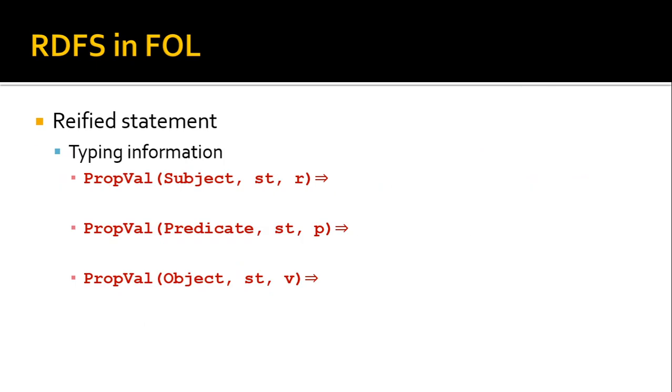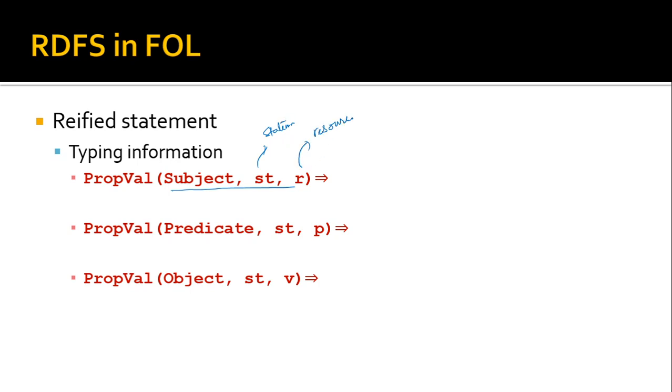Now we can also say that for a given Reified statement, if we have something like this, that subject of the statement is R, we can say that this ST is a type statement, and R is of type what?